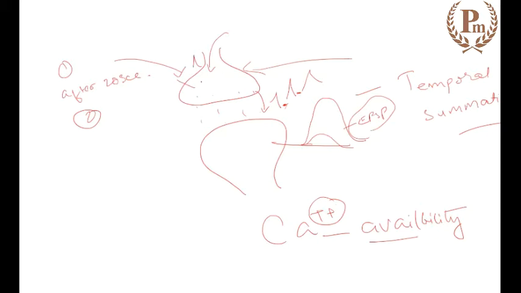Then there was influx of calcium ions, fine. These calcium ions cause the release of neurotransmitters. Good enough. These neurotransmitters came and bound to their receptors, and these receptors, being direct channels, ionotropic type of receptors, there was a generation of EPSP, a local potential.